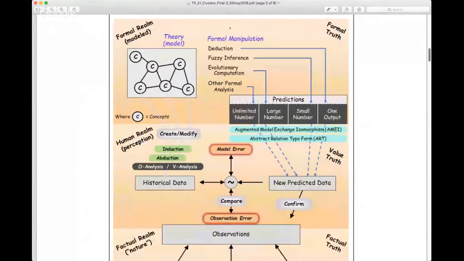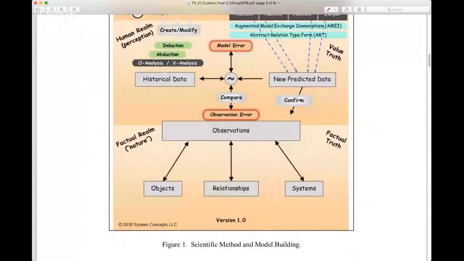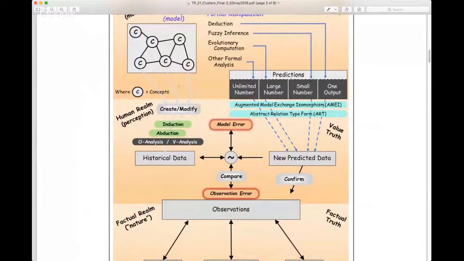In the value truth, you can have factual truth, formal truth, and value truth, all three in here. You can use them the same way. And down here in factual truth, of course, you have the processes by which you determine factual truth. But the idea is that formal truth or mathematics can be used in all three areas, so it's everywhere.